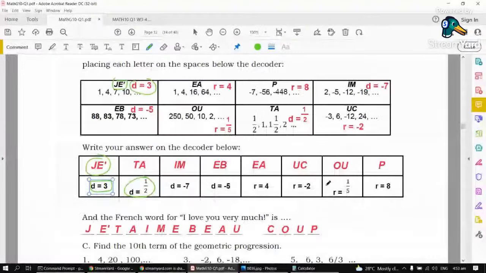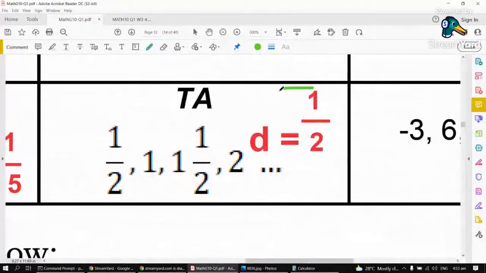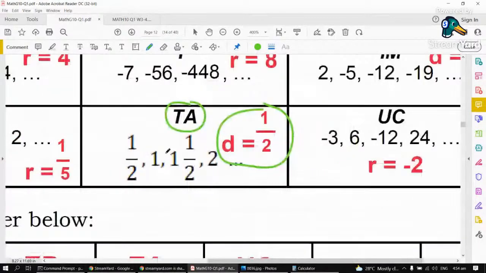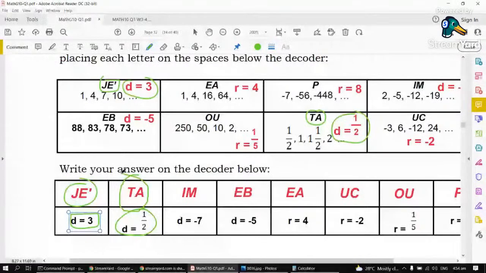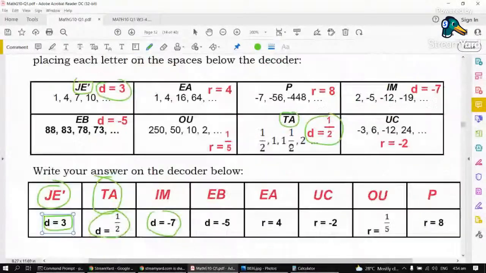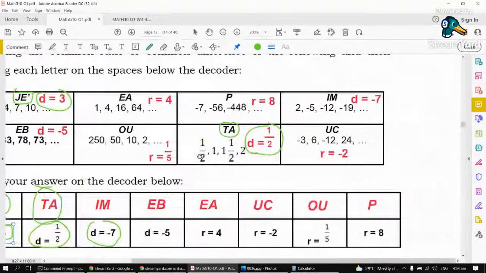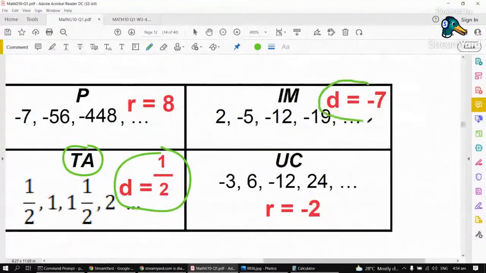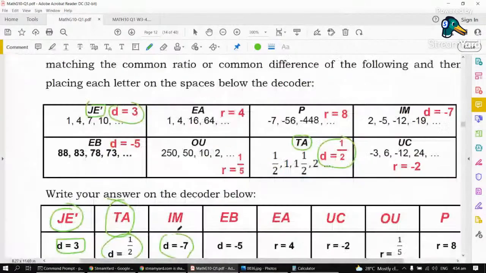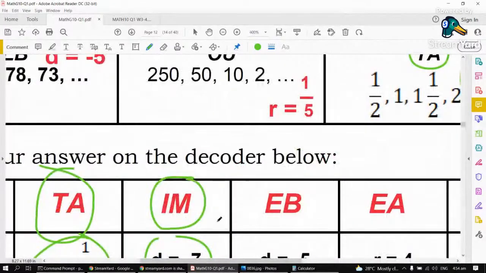Nasaan ang common difference is 1/2? Ito, common difference is 1/2. Ang letter dun is TA. Yan, TA. Next, ang common difference is negative 7. Nasaan ang negative 7? Ito, negative 7. So, ang letters dun is IM. Yan, IM.